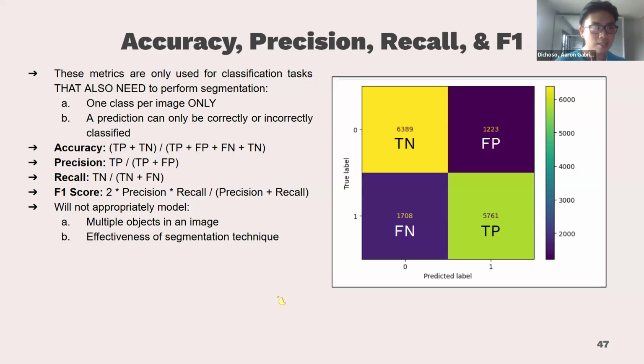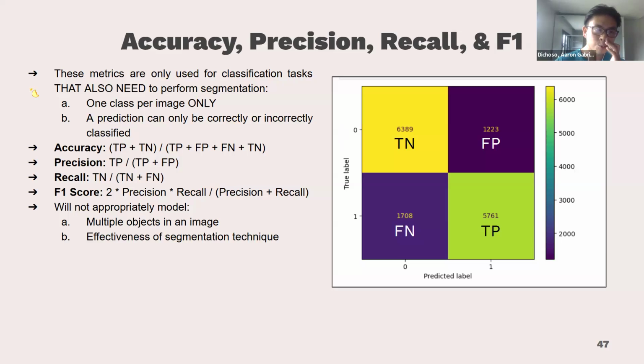So I've said all these things about these four metrics. However, they're not really appropriate for object segmentation because these are for classification tasks, right? So one image per class only. A prediction can be correctly or incorrectly classified.